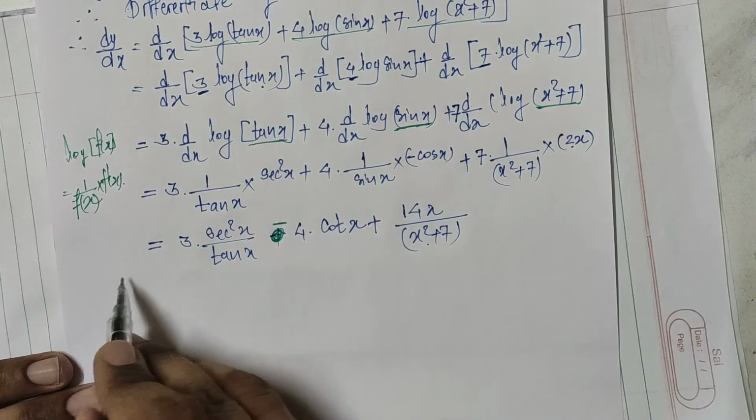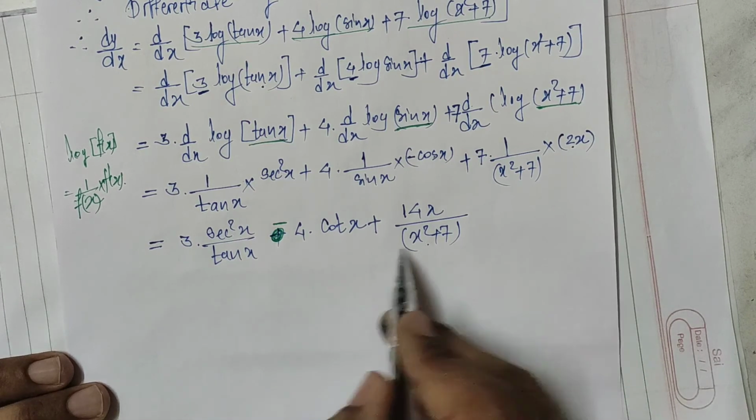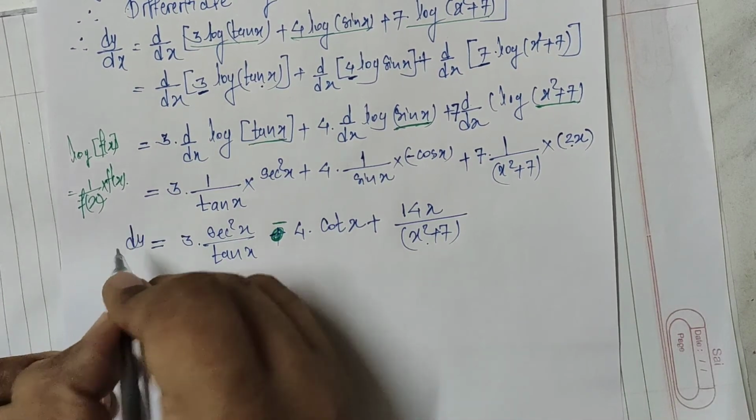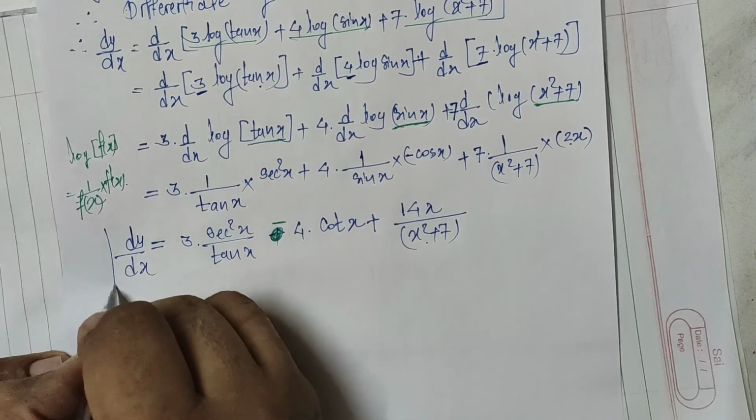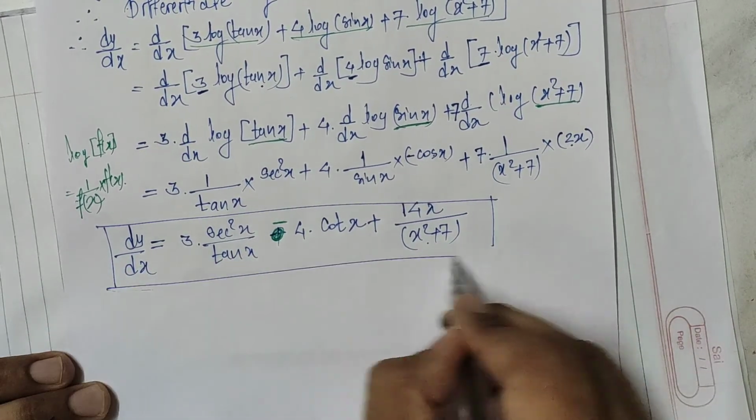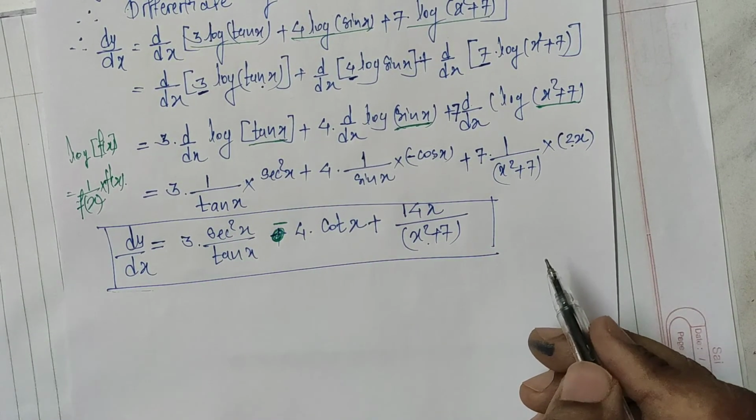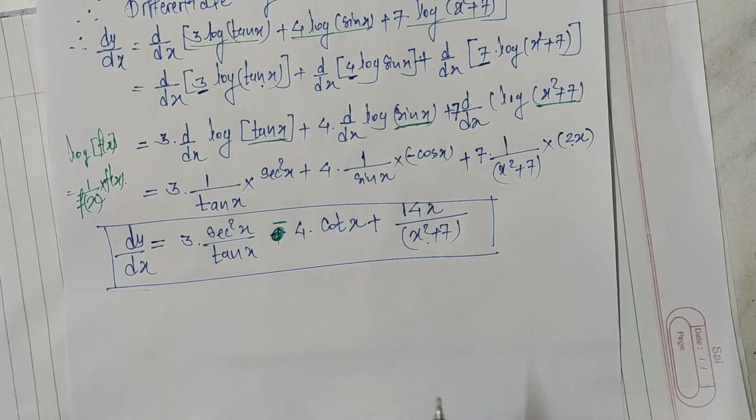If any simplification is possible then do it, otherwise you get the final answer dy upon dx. This is the required solution by using the log rule.